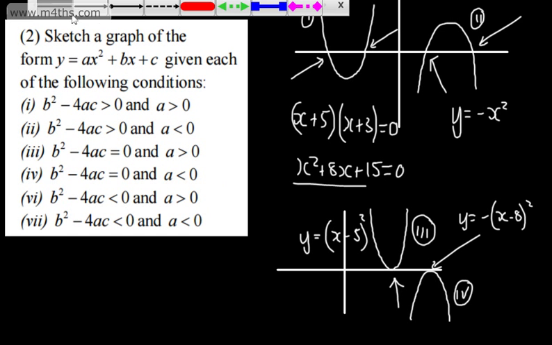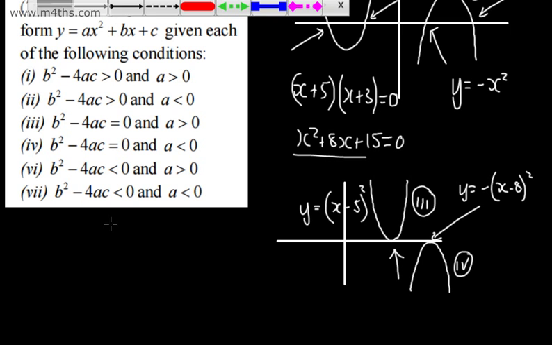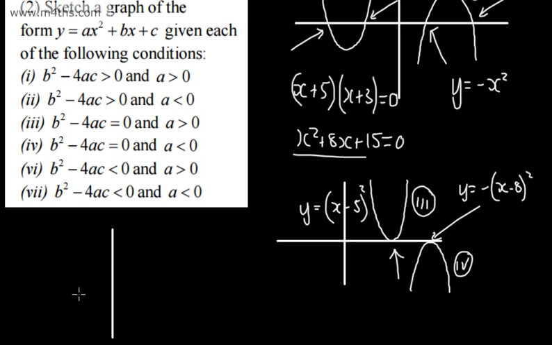Okay, let's look at the last two. So this one now, b squared minus 4ac less than 0, so that is no real root. That means it's not going to cross the x-axis. We've got a positive value of a, so it's going to look something like that. It could look like that. It could be in the quadrant here where we've got negative values of x. So this one could, let's put that on, which one have we got here?